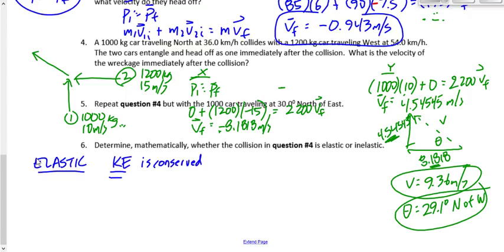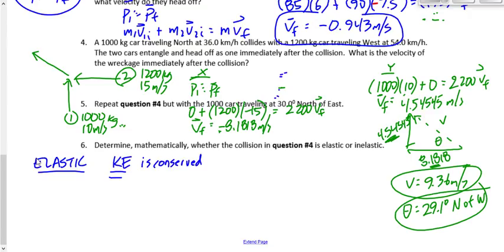Is it positive because it's to the right, or is it negative because it's to the left? Is it X and Y components because we've got both north and west? Now we're not paying attention to any of that. If we're talking about kinetic energy, then the direction is irrelevant. We just do our thing with the speed as opposed to the velocity.